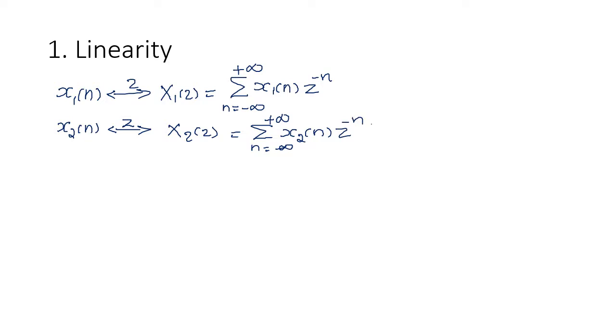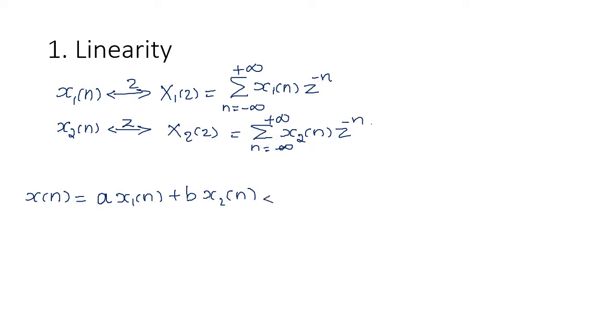So we have considered two signals and their respective z transforms. Now let us consider another signal, say x of n, which is obtained by superposing these two signals or weighted sum of these two signals. Say some a x1 of n plus b x2 of n, correct, where a and b are any two constants.